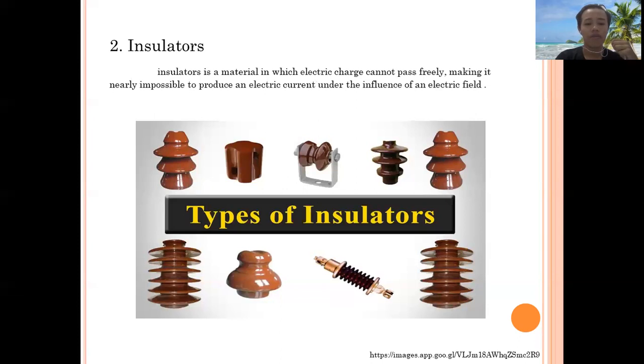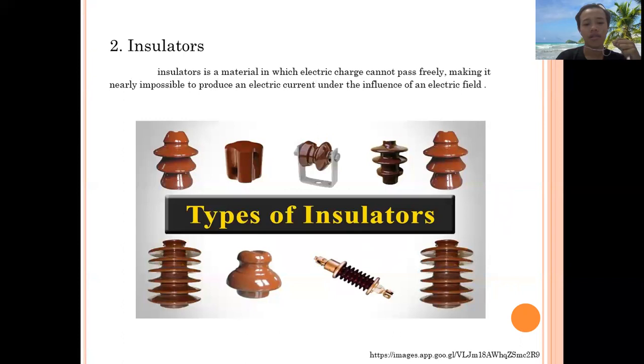Usually those used in a suspension tower are shaped like this, and the conductor is hung. The greater the voltage that is distributed, the more insulators are needed, in accordance with the agreed standard.